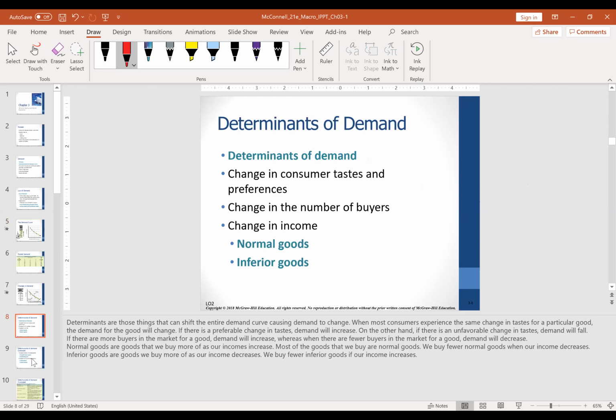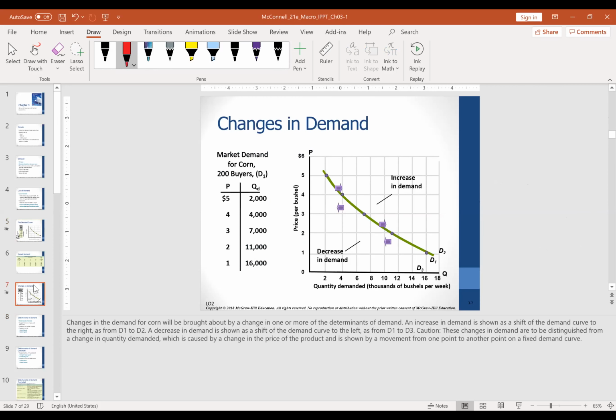And then we are going to look at changes in demand. That means we are going to look at what causes a shift of the demand curve. Say D1 is my original demand curve here. It can shift to the right. If the demand curve is shifting to the right, it means people, the consumers or us, we are going to buy more of the good.